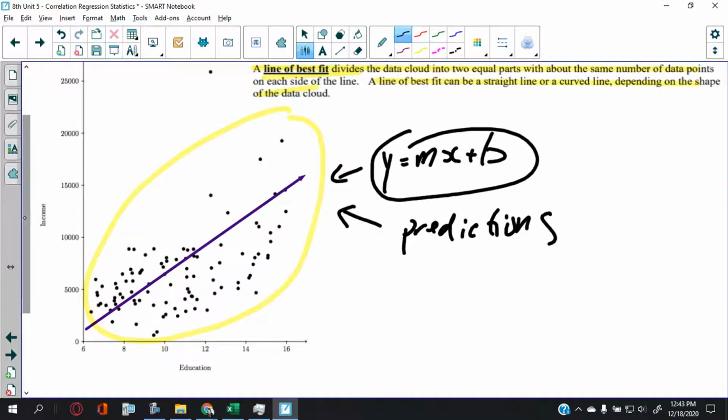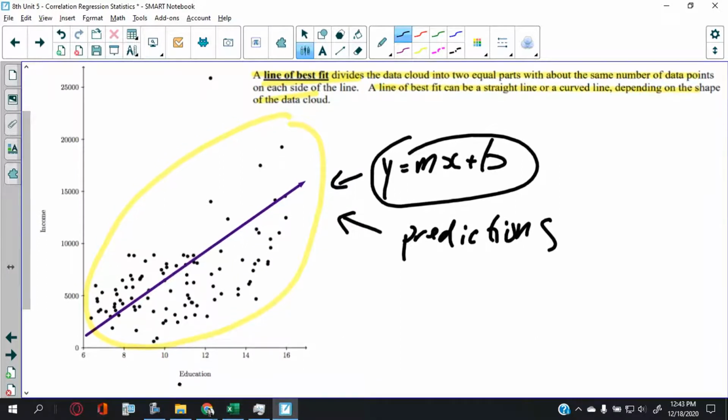Okay, so for example, if we're talking about education versus income, I don't need to have a point on this graph in order for me to make a prediction. So for example, these numbers are, I don't know, 16, maybe years of education versus income. Maybe if I need to know, okay, if you have 20 years of education, how much money would you make, right?